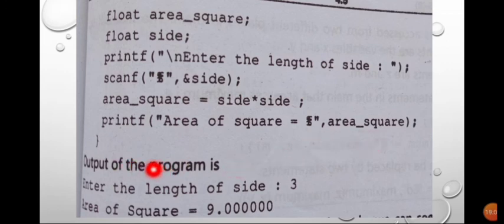See, the program output is given here, but what is my aim? Here return is not used. In the previous program we used return z, but here return is not used. So what is contained in your function cannot be used in the remaining program.